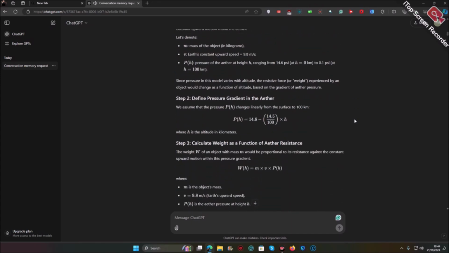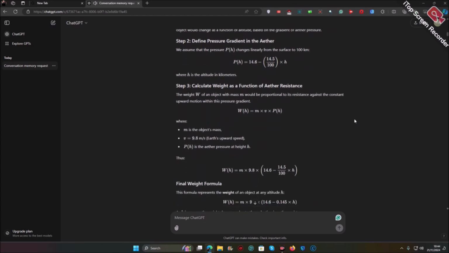Step 2. Define pressure gradient in the ether. We assume that the pressure p(h) changes linearly from the surface to 100 kilometers. p(h) equals 14.6 minus (14.5/100) times h, where h is the altitude in kilometers. Step 3. Calculate weight as a function of ether resistance.